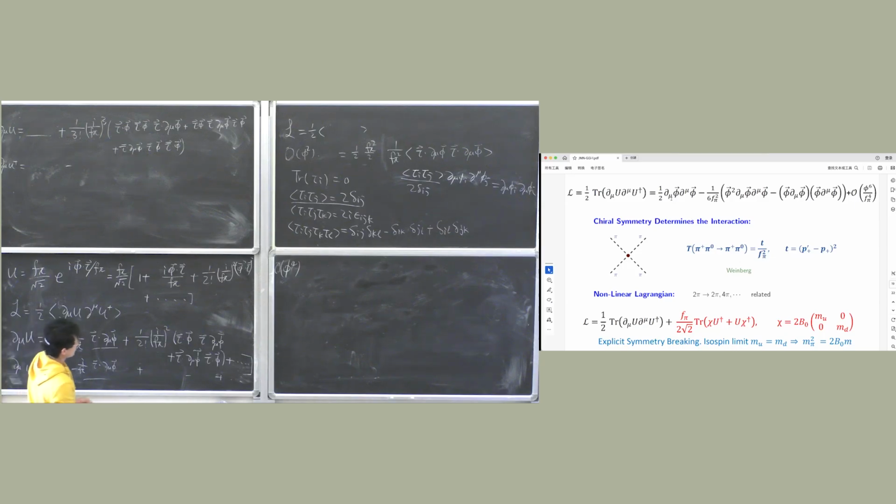One is that we can use this phi squared times the phi squared in the U dagger. So we'll have square.